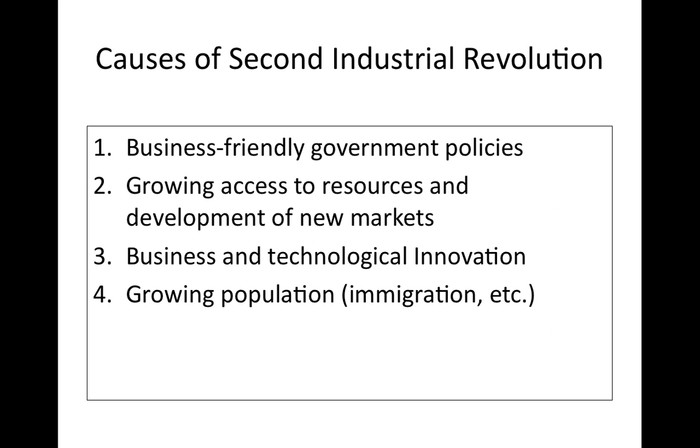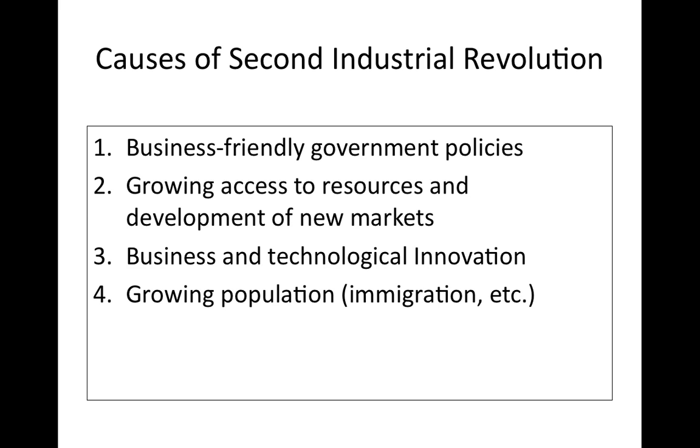So, to summarize, 4 big causes of the Second Industrial Revolution: business-friendly government policies, things like subsidies for railroad companies, land grants to railroad companies and telegraph companies that facilitate private investment in railroad development.